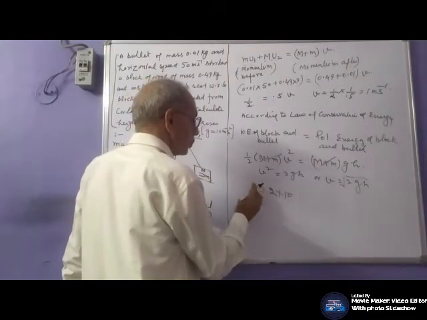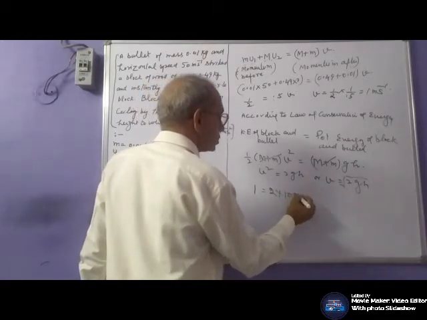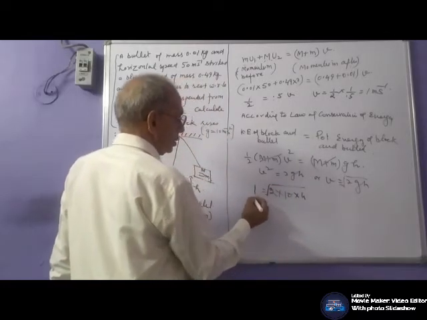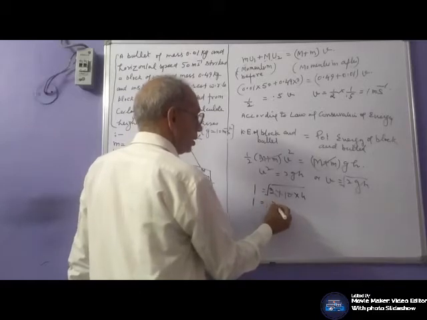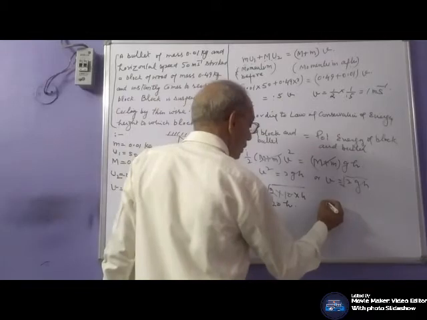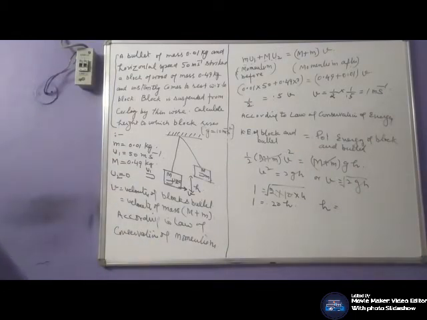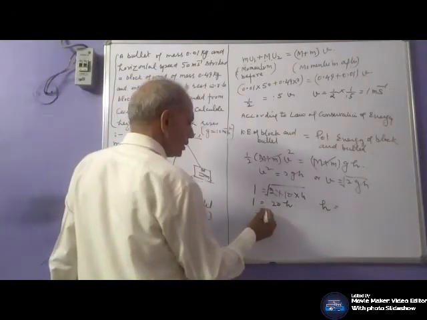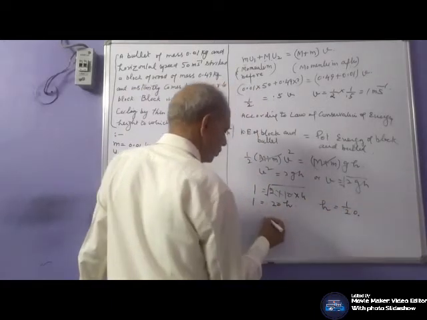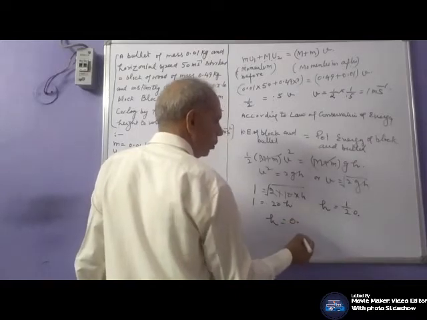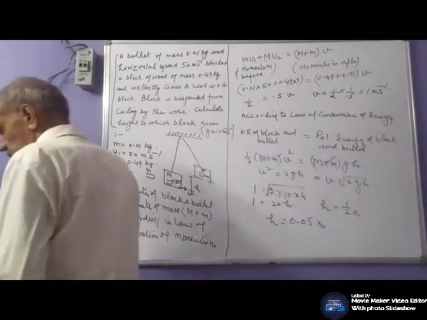V is 1, so 1 squared is 1, it is 20h, or h is 1/20, or h is 0.05 meter.